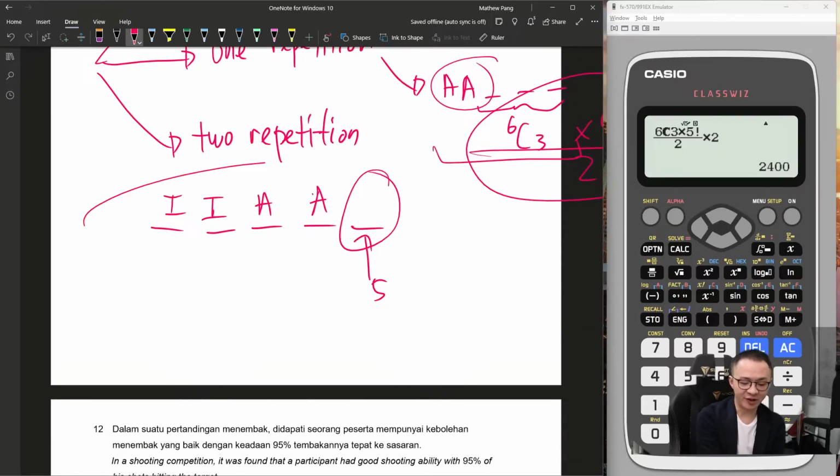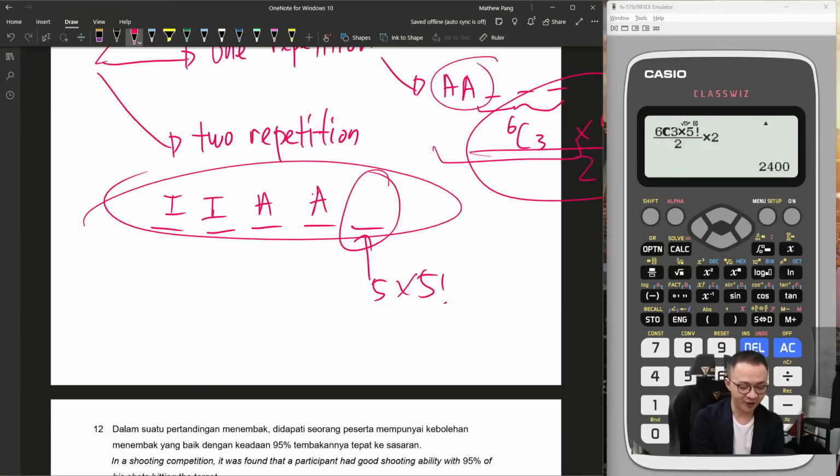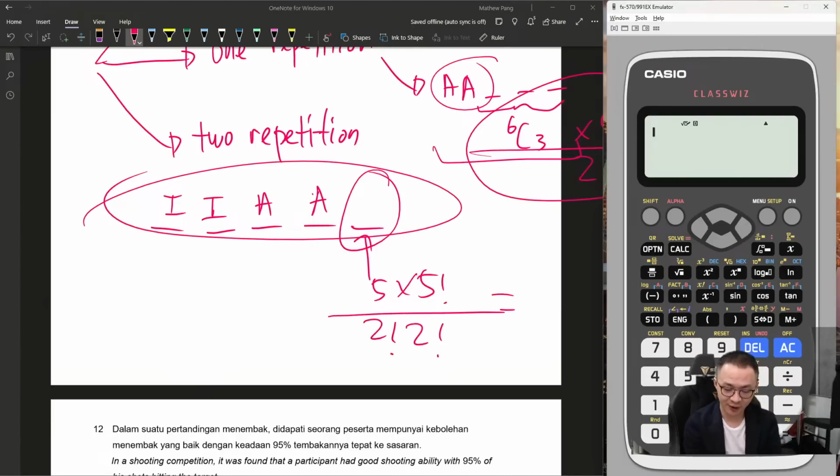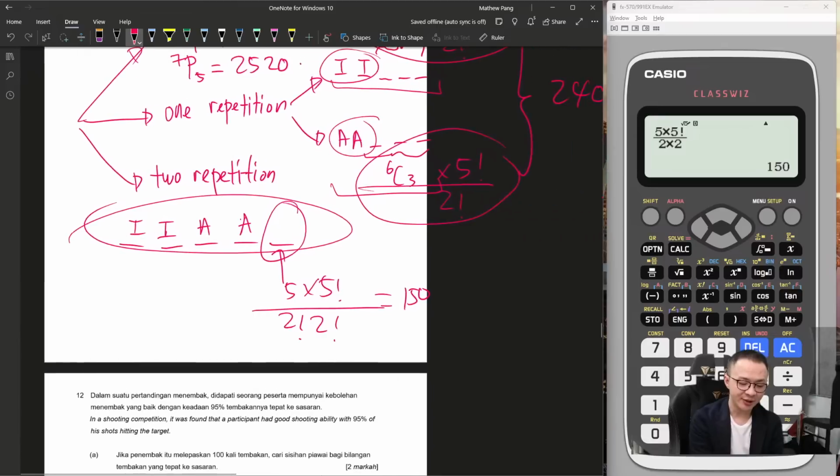Then I want to arrange 5 of them, times 5 factorial, but I need to divide by the repeat of I and the repeat of A. So this is 5 multiplied by 5 factorial over 2 factorial, which is 2, so 2 times 2. So it's 150.